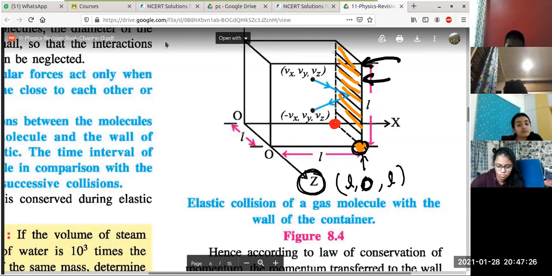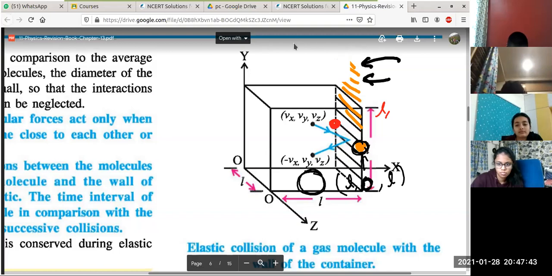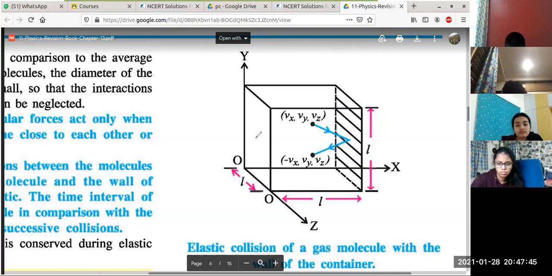What is the red point, Opal? L comma. देख लो y axis कहाँ है. ऊपर है y axis. Y axis पे कितना है ये?